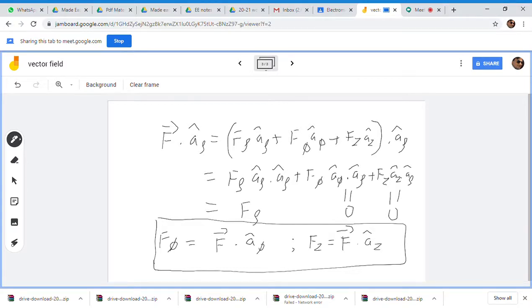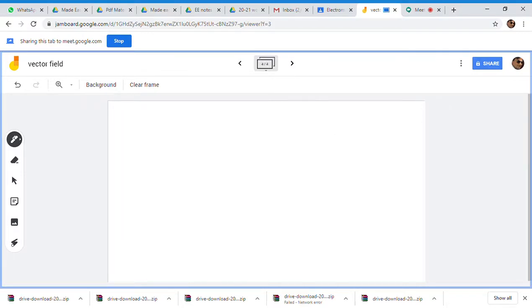Now if we replace this F vector in the xyz coordinate system, then what happens? So let me do it. If I write F rho to be equal to vector F dot a rho, okay, now replace this F vector in the xyz coordinate system. So this is Fx ax plus Fy ay plus Fz az.